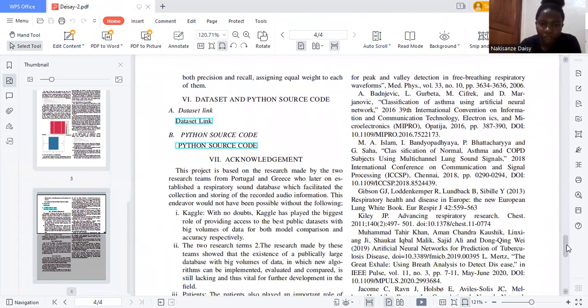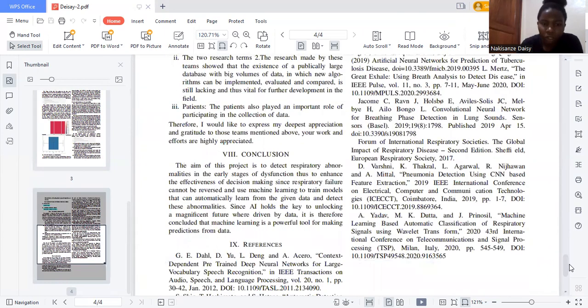This is my acknowledgement and conclusion. In conclusion, the aim of this project is to detect respiratory abnormalities in the early stages, thus enhancing the effectiveness of decision making, since respiratory failure cannot be reversed, and to use machine learning to train models that can automatically learn from the given data and detect these abnormalities.